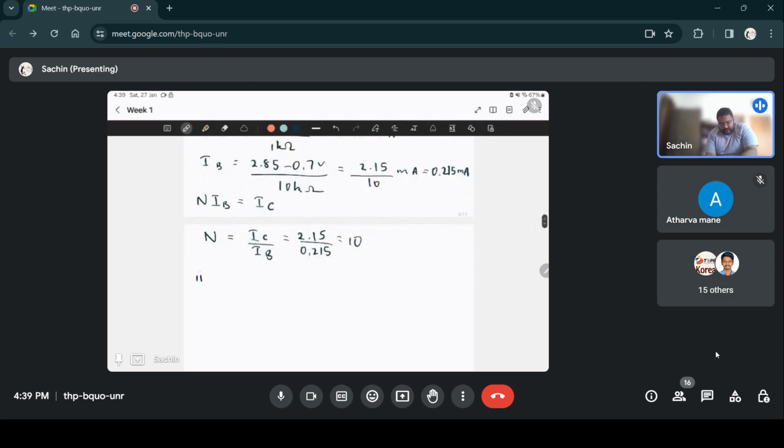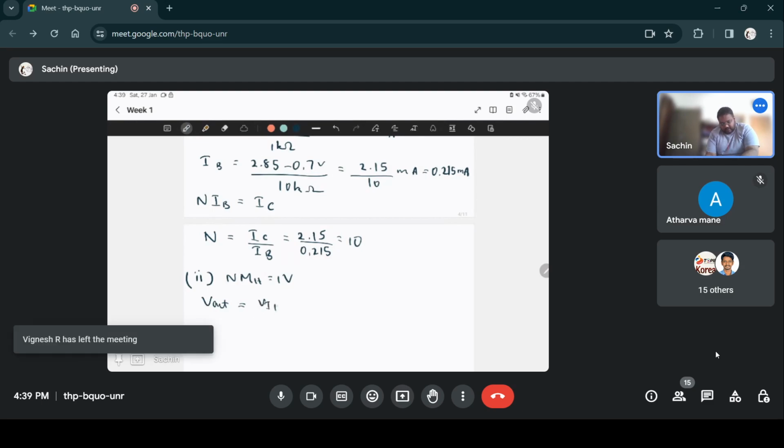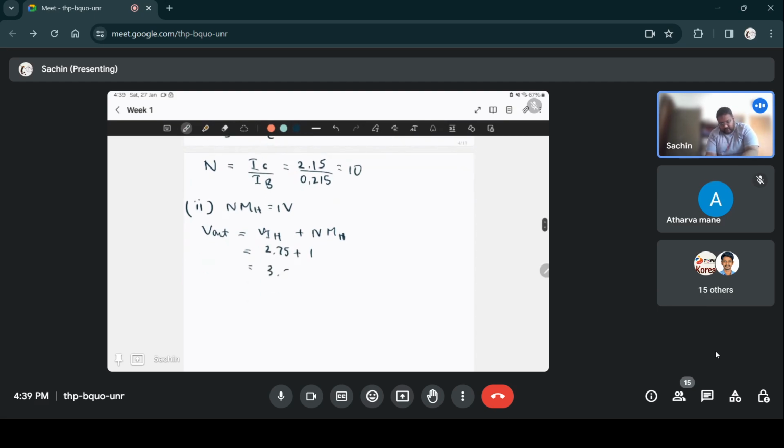Next, similarly for case 2, here the noise margin is 1 volt. So your Vout should be VIH plus noise margin, which is 2.75 plus 1, which is 3.75 volts.